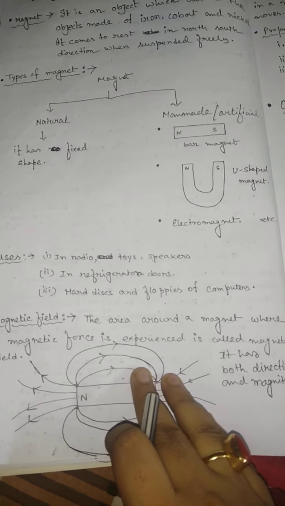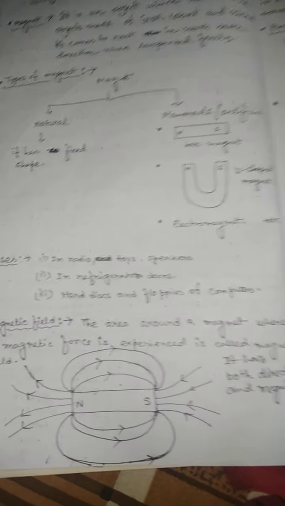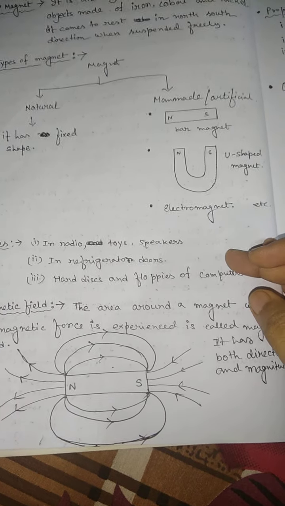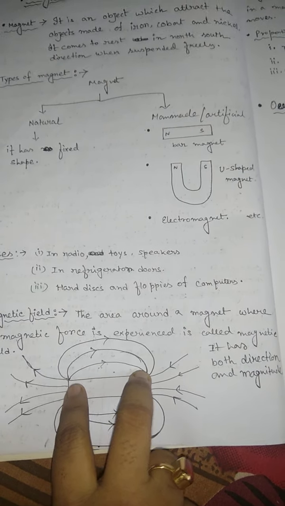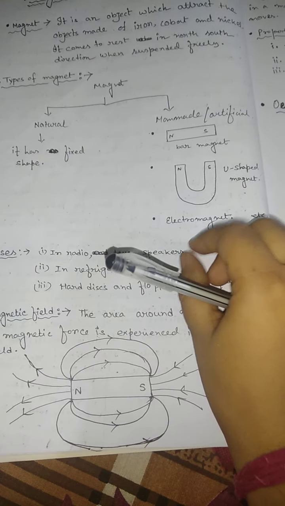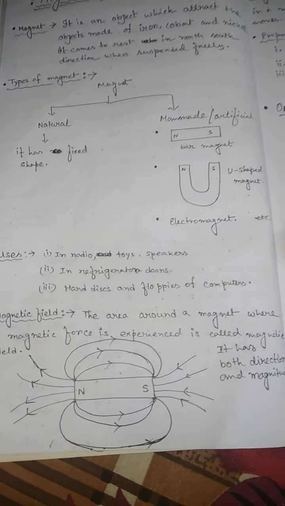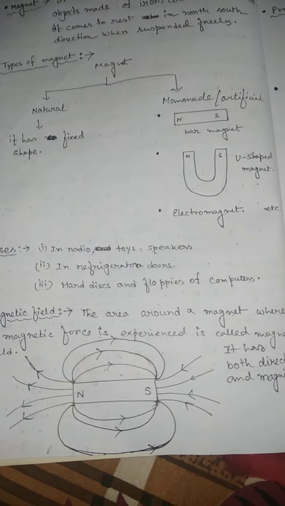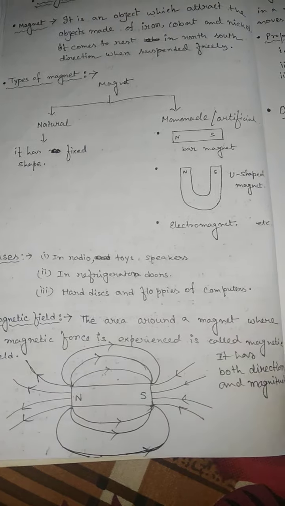Similar to this, the area around a magnet up to where a magnetic force is experienced by a magnetic substance. Suppose this is a magnet. If we place a magnetic substance here, it will be either attracted or repelled by the magnet, so it experiences a force exerted by the magnet.